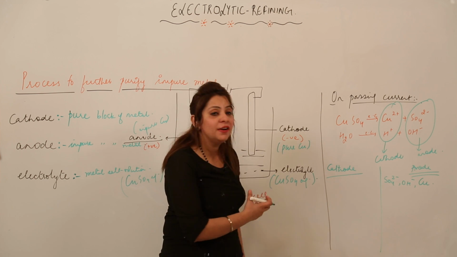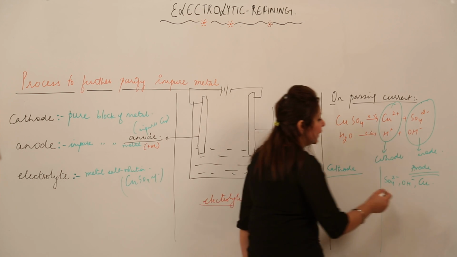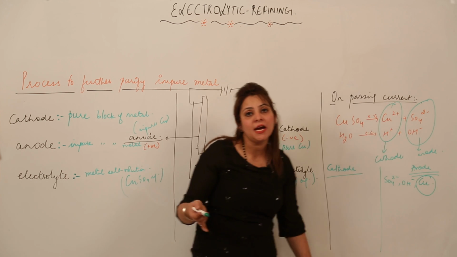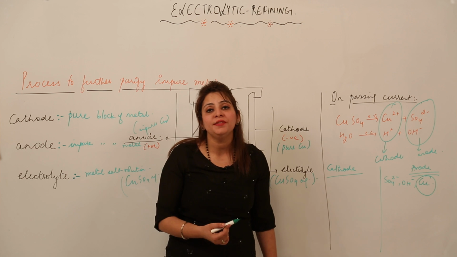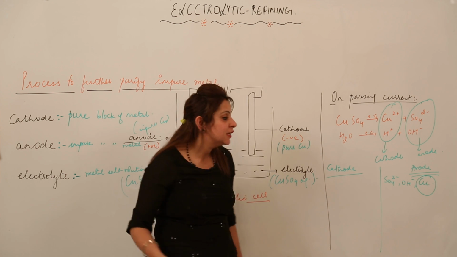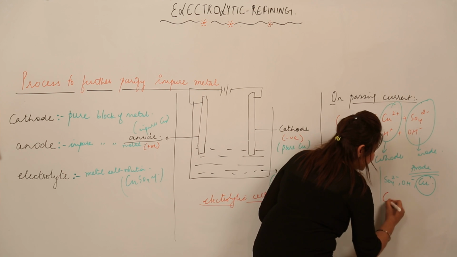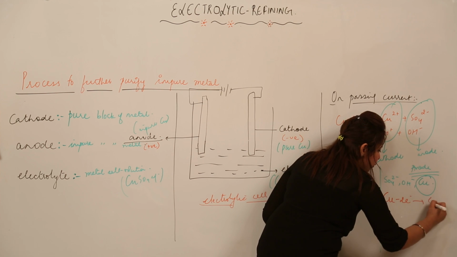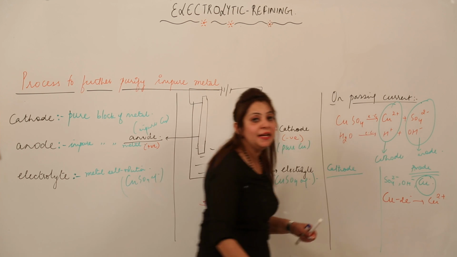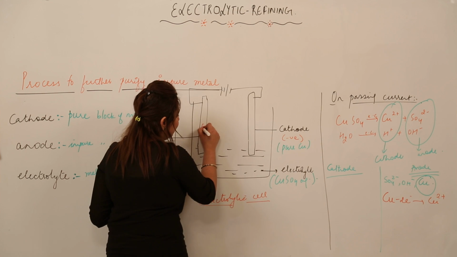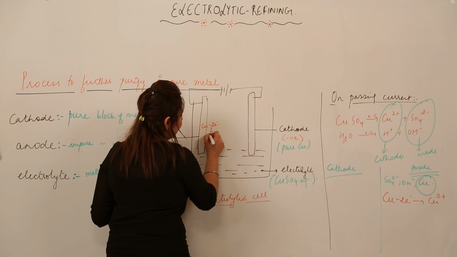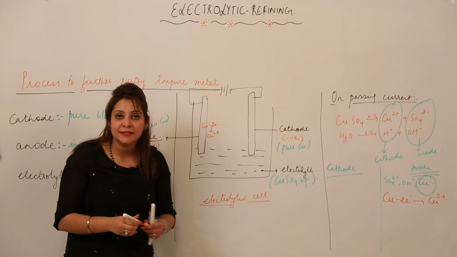When we compare their discharge potentials, copper has the lowest. So copper is going to undergo a chemical change. This copper will lose its 2 electrons and get converted into ions, so Cu2+ ions are formed.